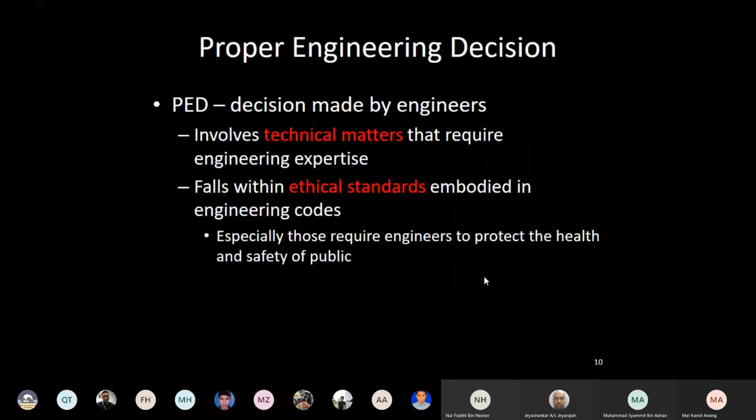So this falls under proper engineering decision. It must be made by the engineers, and it involves two things: technical matters and ethical standards. So if the issues are related to technical matters and ethical standards, the engineers must be there to make the decision.